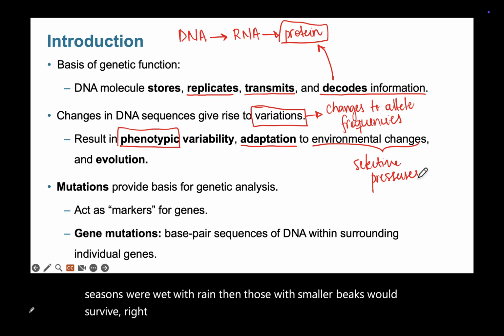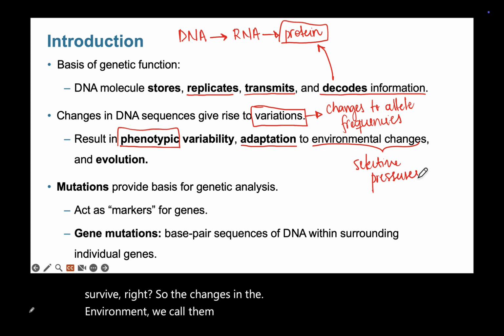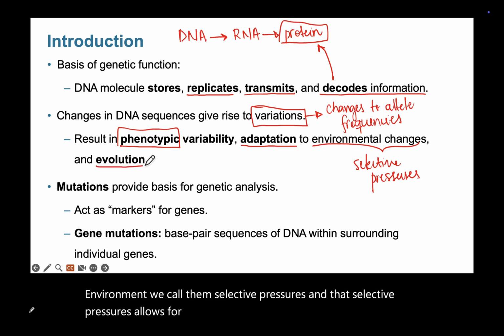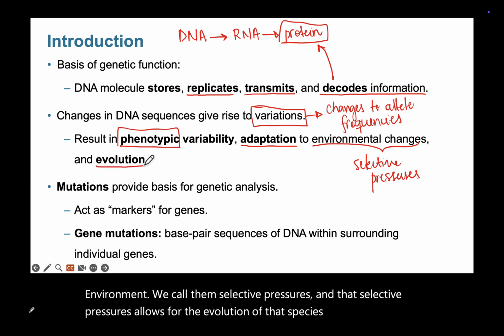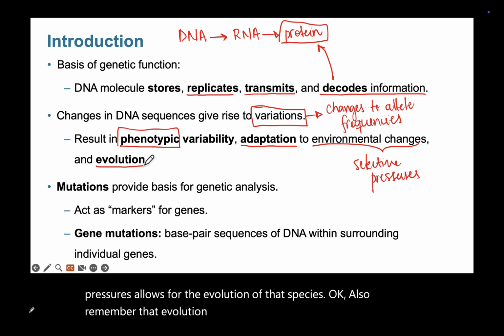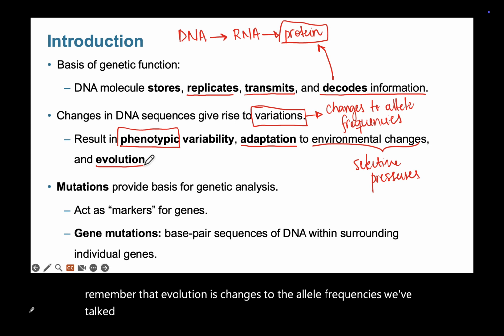So the changes in the environment, we call them selective pressures. And those selective pressures allow for the evolution of that species. Okay? Also, remember that evolution is changes to the allele frequencies. We've talked about that in class number 5.